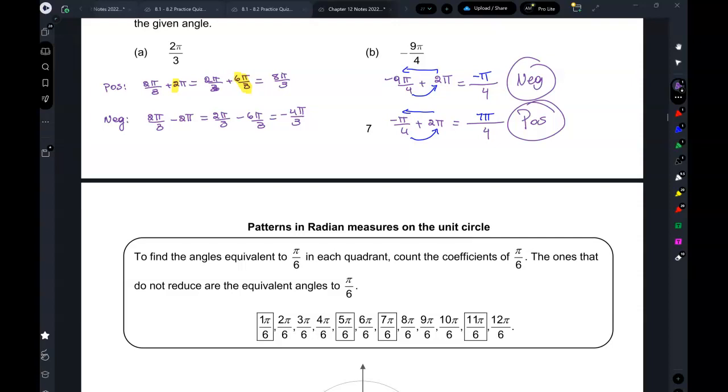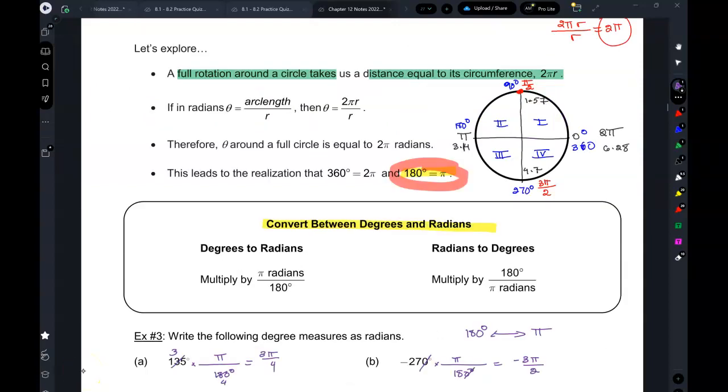Question. So look, here we have 0 to 2 pi, correct? From 0 to half the circle, it's pi, right?